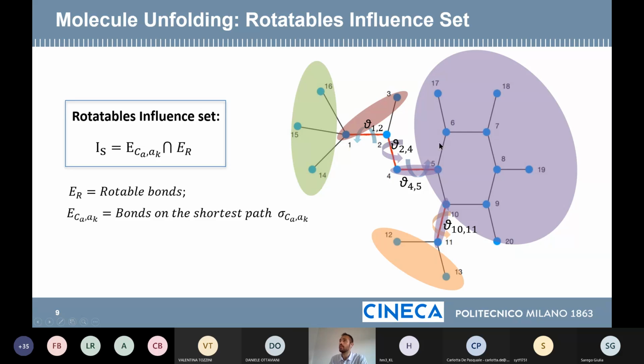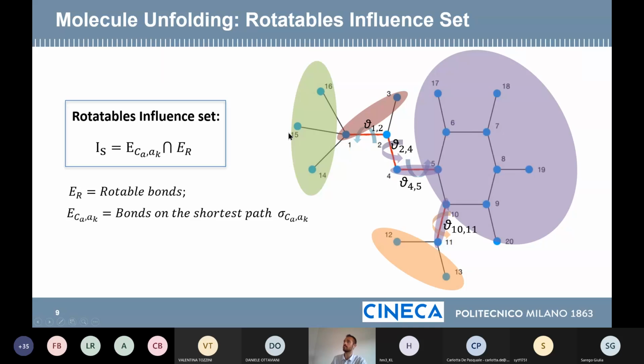Here, moreover, we highlighted the different ensembles of the different fragments. Each rotatable bond defines a different ensemble of atoms.